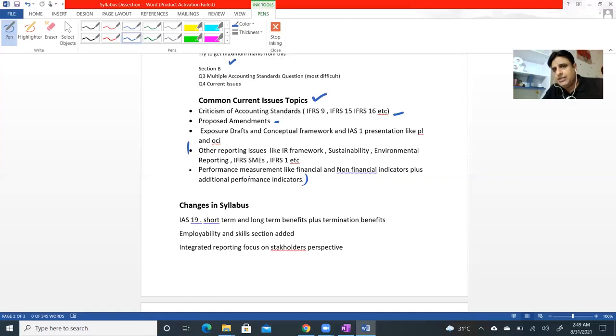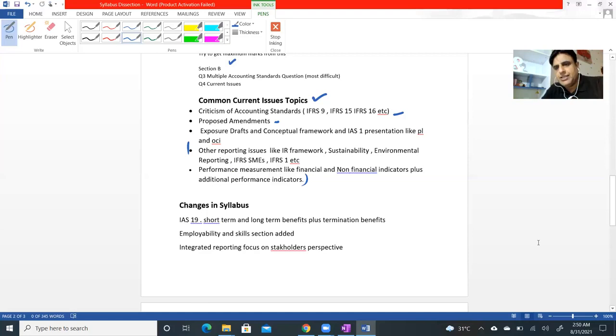It may be non-financial, it may be financial, and some additional indicators like, for example, earnings before interest, tax, depreciation, amortization. What will be the usage? What will be its impact for the stakeholders? So this kind of discussion is generally required. So prepare your current issues in this sequence.